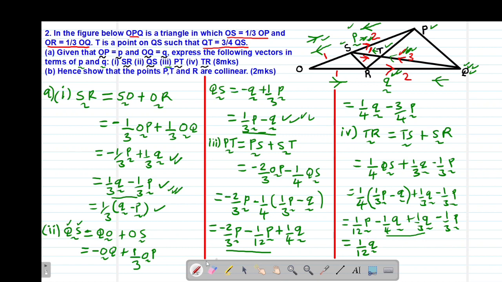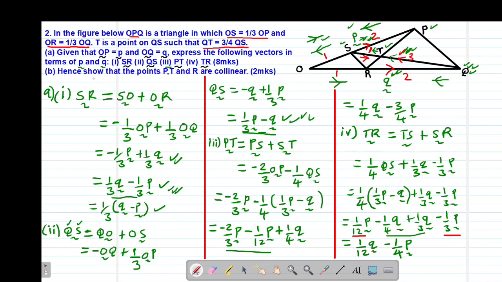Then I'm also going to add these other two which have p, which of course is 1 over 12, then we are subtracting 1 over 3. I'm going to get my answer as negative a quarter. So this is giving me negative a quarter vector p. So that is the vector tr.